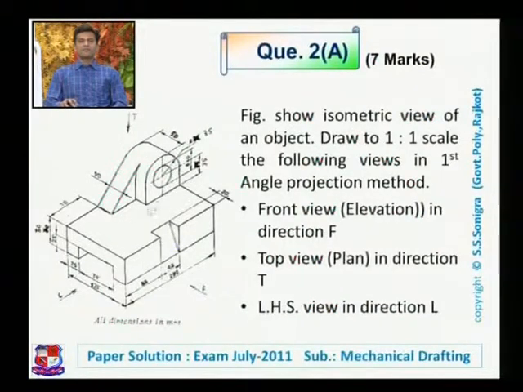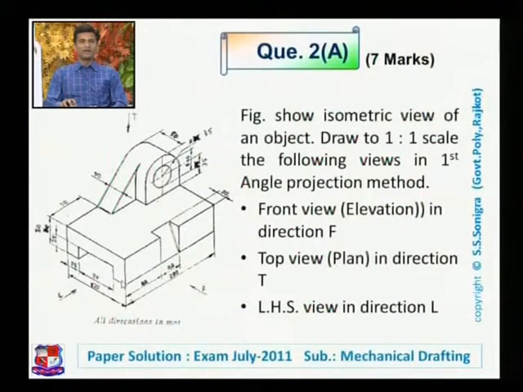In this type of solution, first we decide the size of the drawing. For the front view, what should be the width, we can decide from here. This width is 200 mm. Height we count from here: this is 50 and this is 35 plus this radius, so 70 plus 50, 120 would be the height.